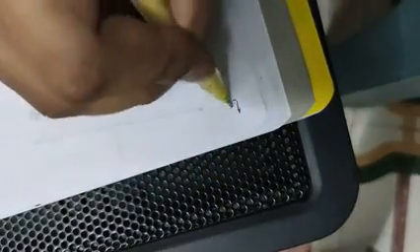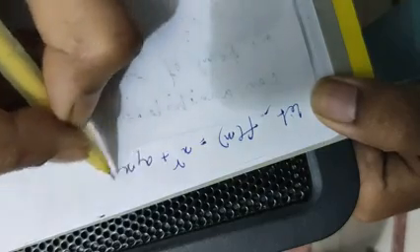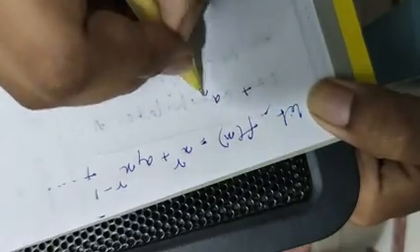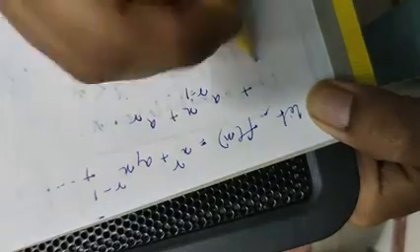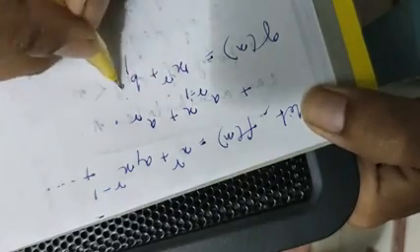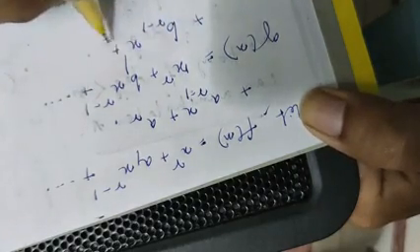Now let us consider there are two minimal polynomials, f(x) and g(x). Let f(x) equal x to the power r plus a1 x to the power r minus 1 plus dot dot plus a(r-1) x plus a(r), and g(x) equal x to the power r plus b1 x to the power r minus 1 plus dot dot plus b(r-1) x plus b(r).